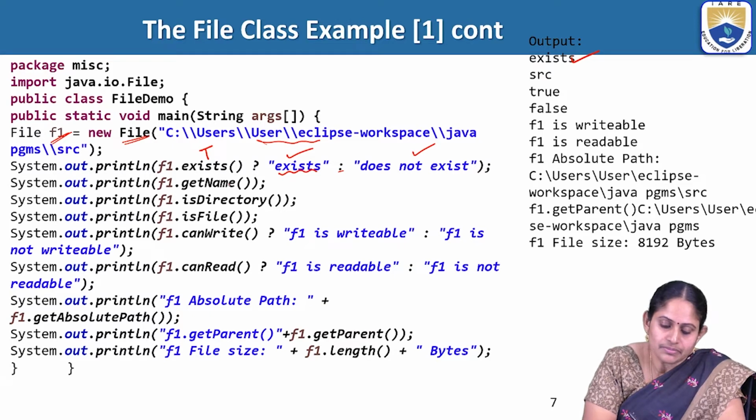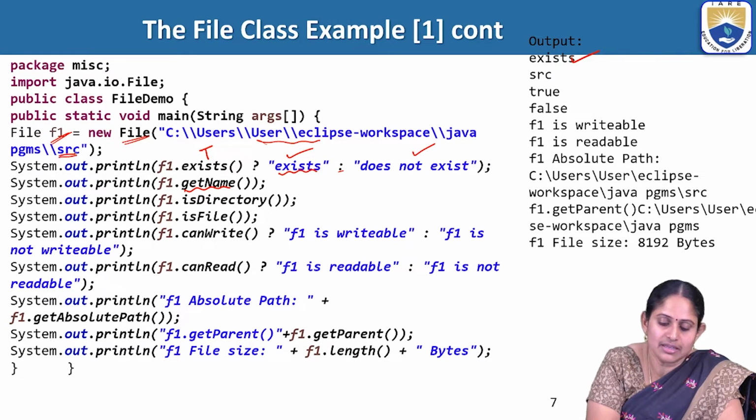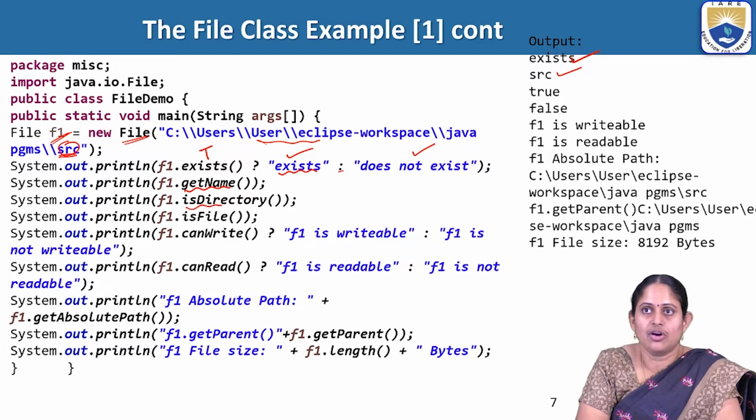Next, I'm retrieving the name of the file using the method getName. It will return the name of the file, wherein in this path my file name is source, so it will return source. Similarly, the isDirectory method will check whether the given object is a directory or not.